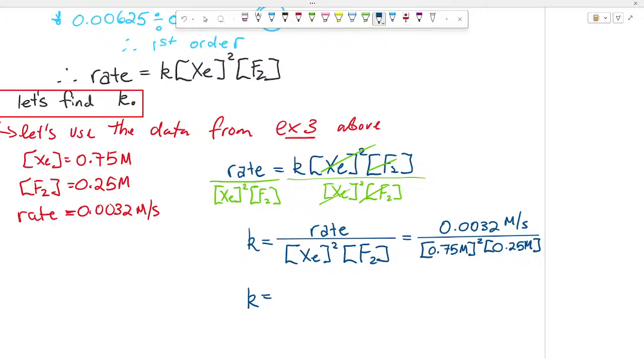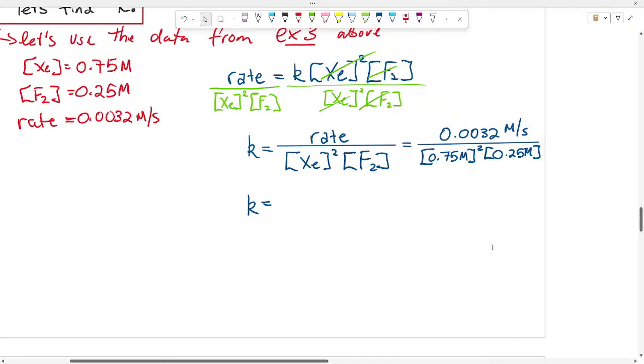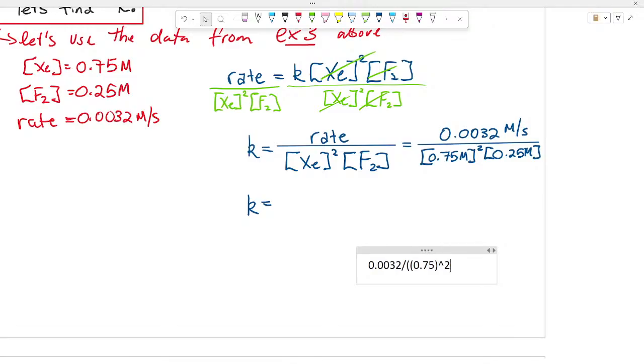All right. 0.0032 divided by, open a bracket, 0.75 squared times 0.25, close that bracket.